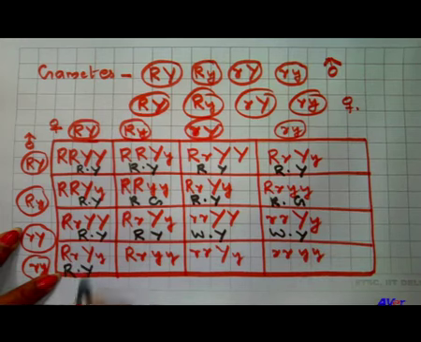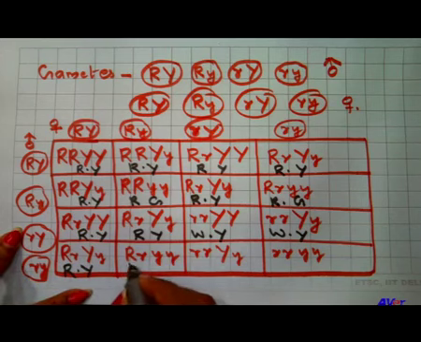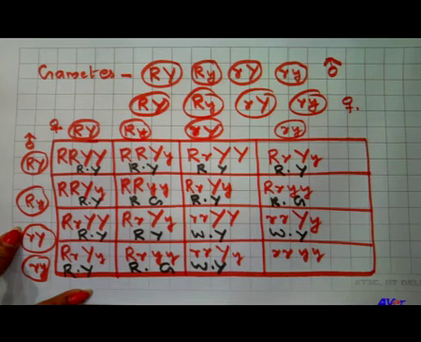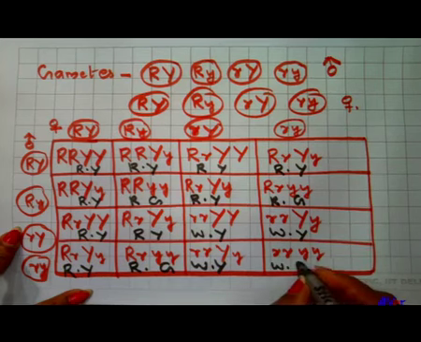Round yellow. This one is again round and green. This is wrinkled yellow. This is wrinkled and green.